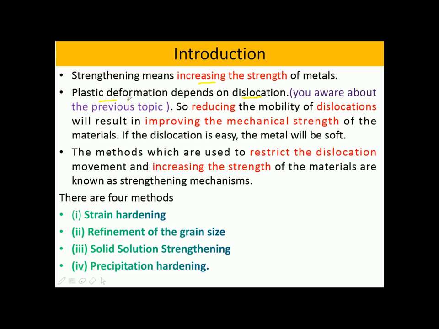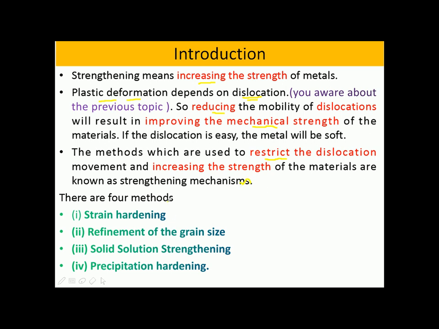The plastic deformation or the permanent change depends on the dislocations. So, if we reduce the movement of dislocations, the strength of the metal can be increased. The methods used to restrict or resist the movement of dislocations are called strengthening mechanisms.